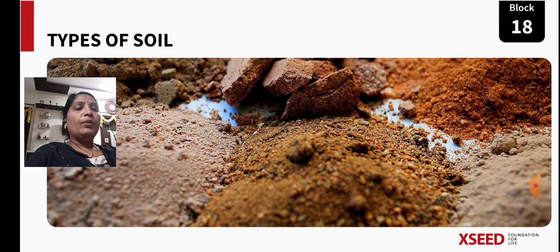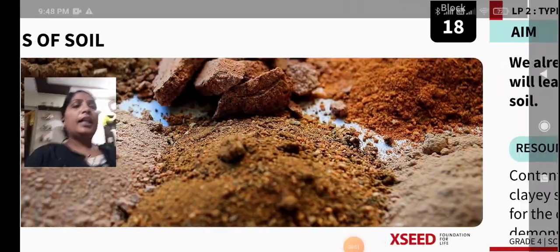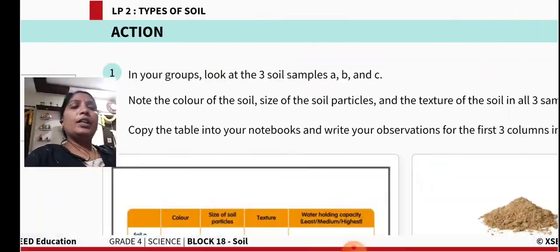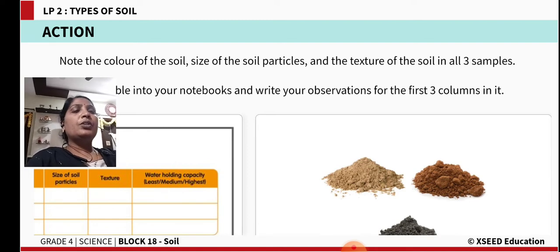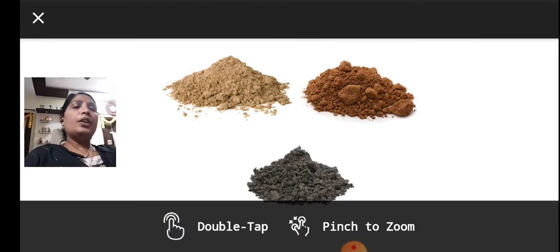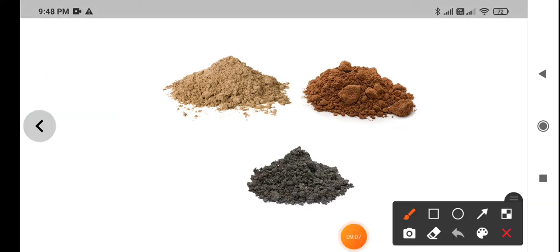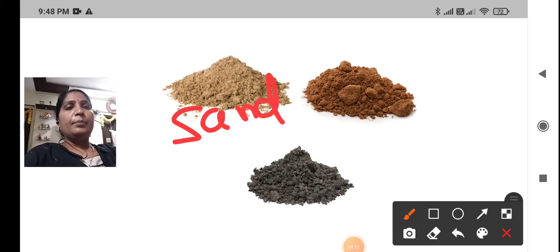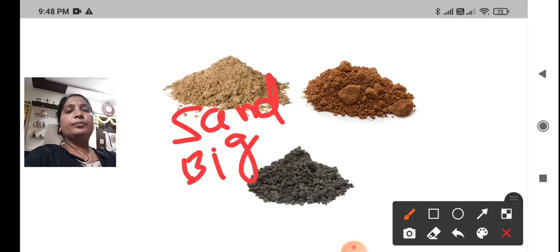Now we will see in another picture, I'll show you the loamy soil and the clay soil, how they appear. You can see in this picture, the first one is sandy soil. The sand cannot hold the water because of the big size particles.